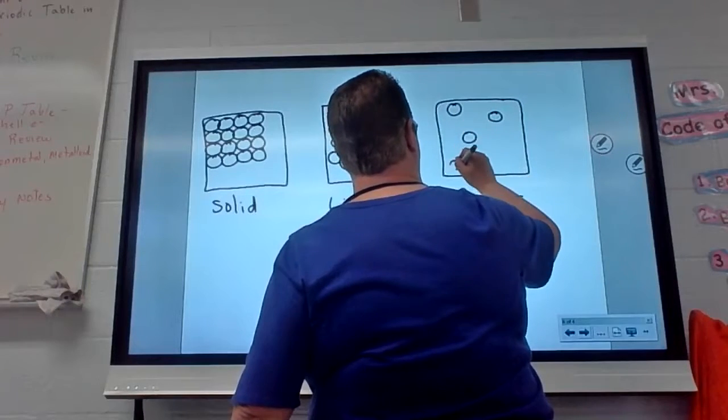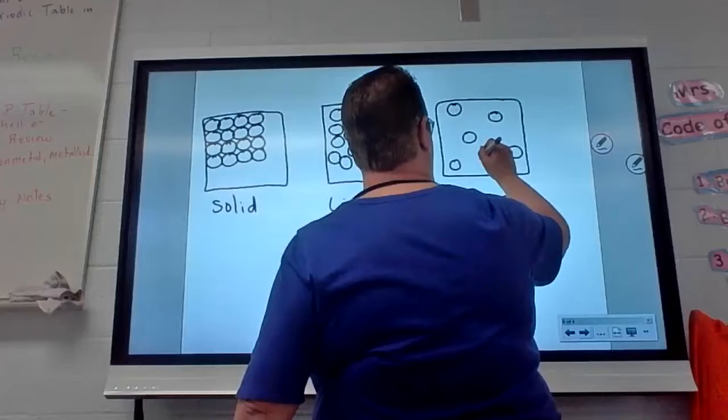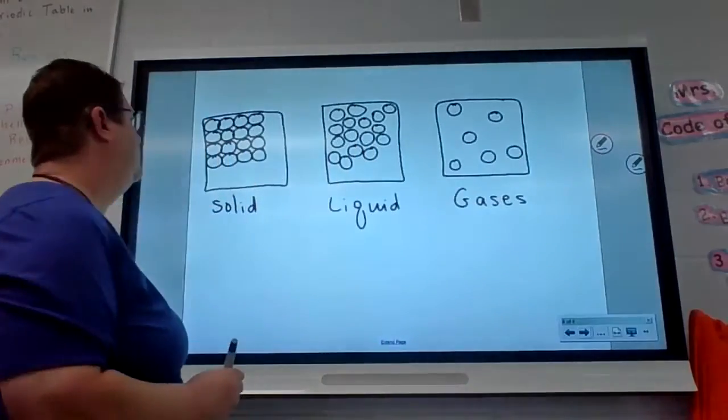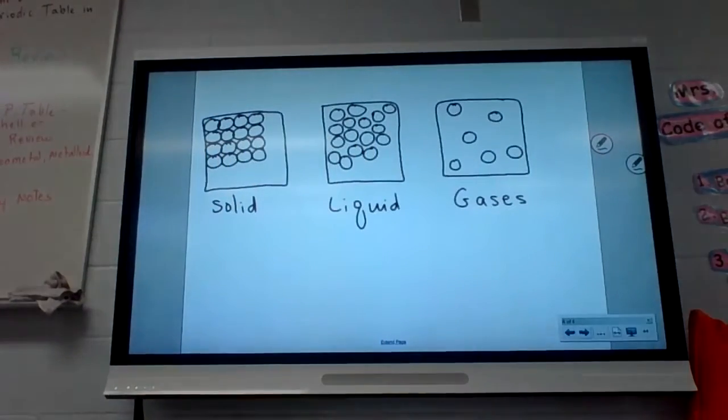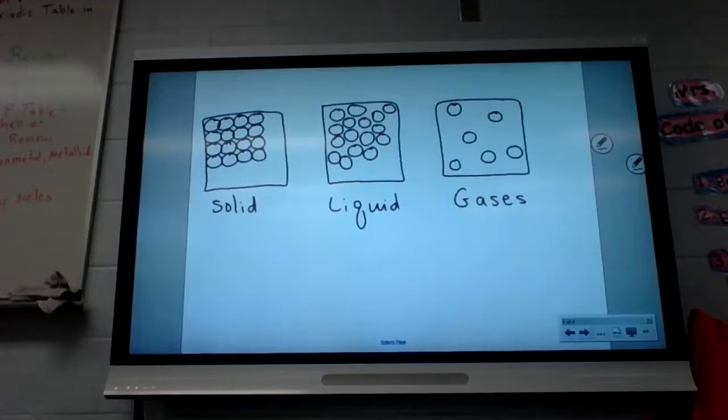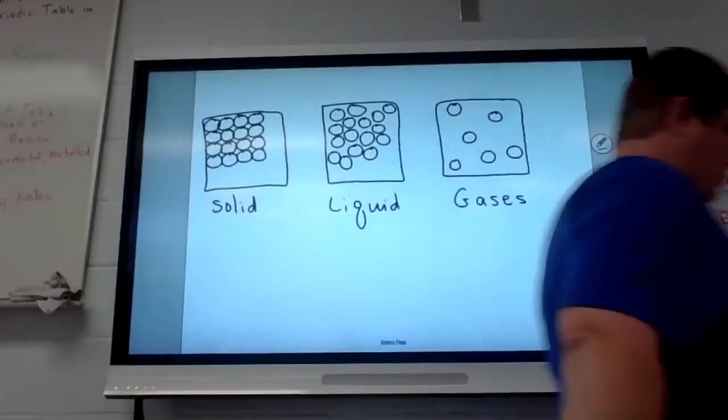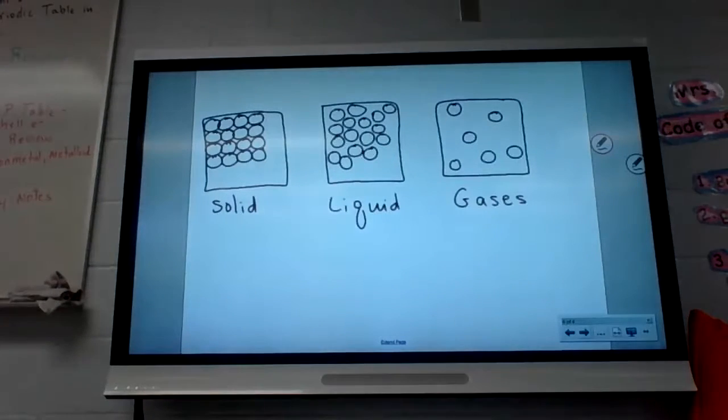One of the review questions on the multiple choice paper said something about, did they have different or same masses? A lot of y'all picked the one about mass. I think it's 4.